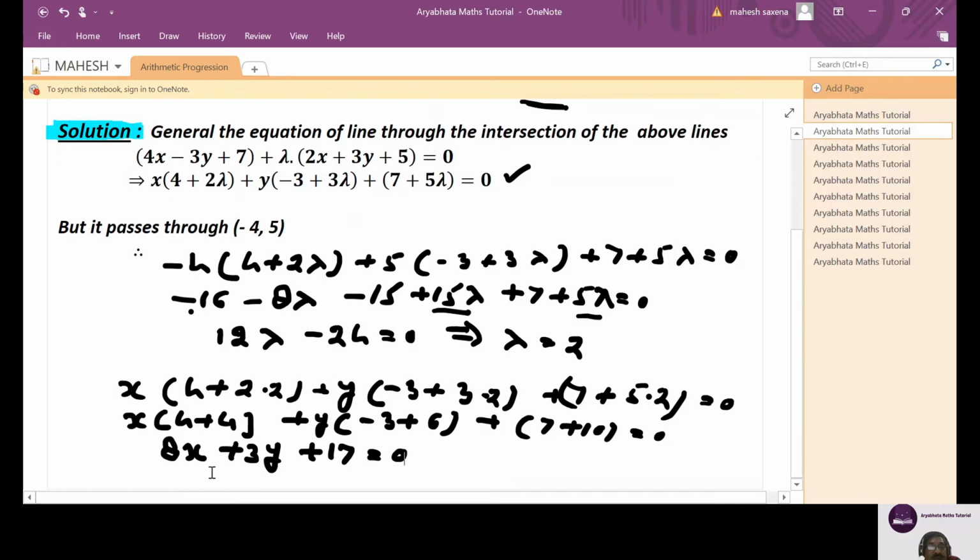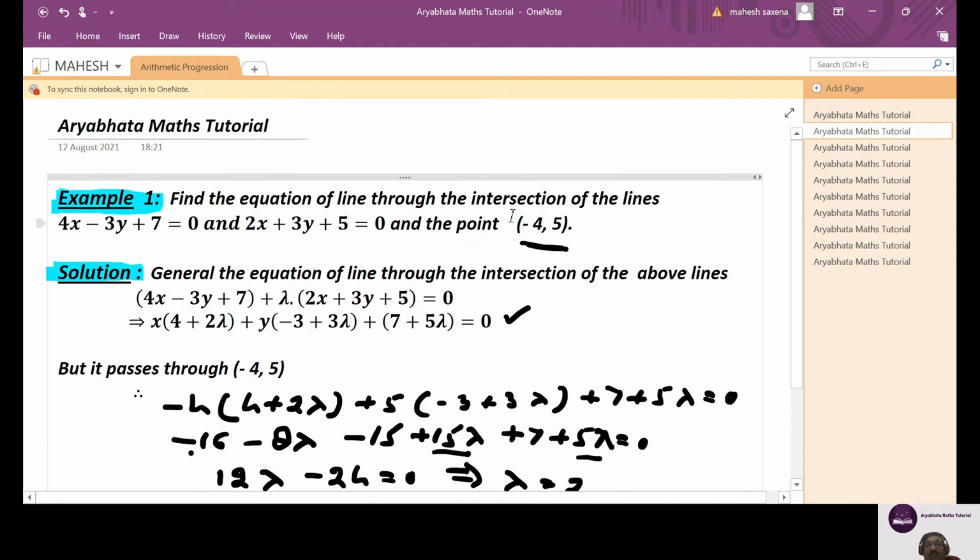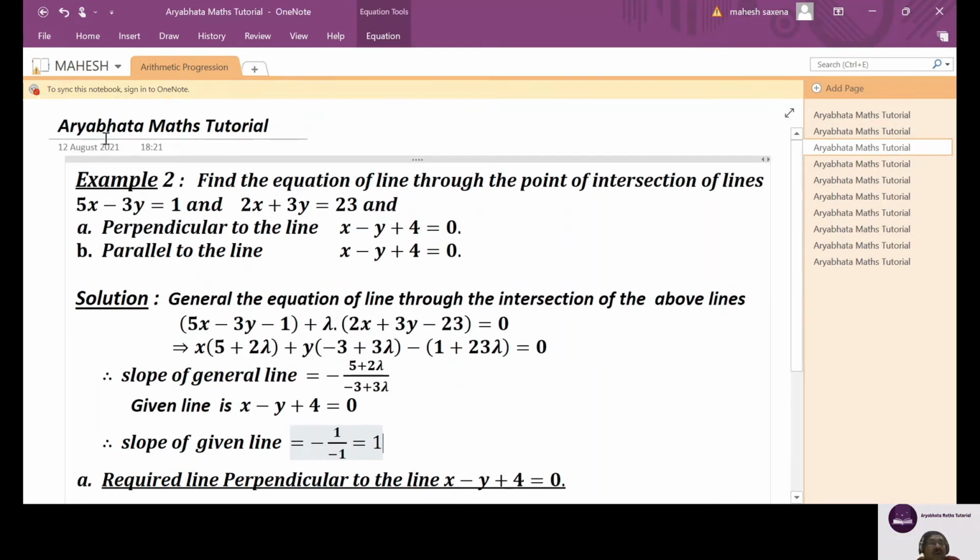Therefore, 8x plus 3y plus 17 is the equation of the required line, which passes through (minus 4, 5) and the intersection point of these two lines, that is 4x minus 3y plus 7 equal to 0 and 2x plus 3y plus 5 equal to 0.